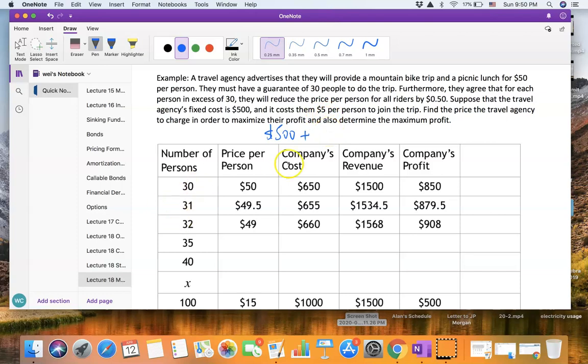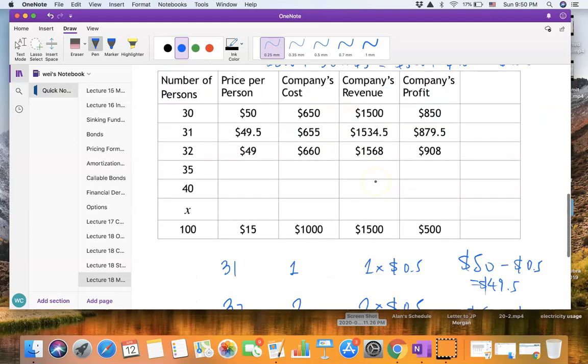So when there are 30 people, this amount is going to be 150. That's how we get this number. The cost is 650.